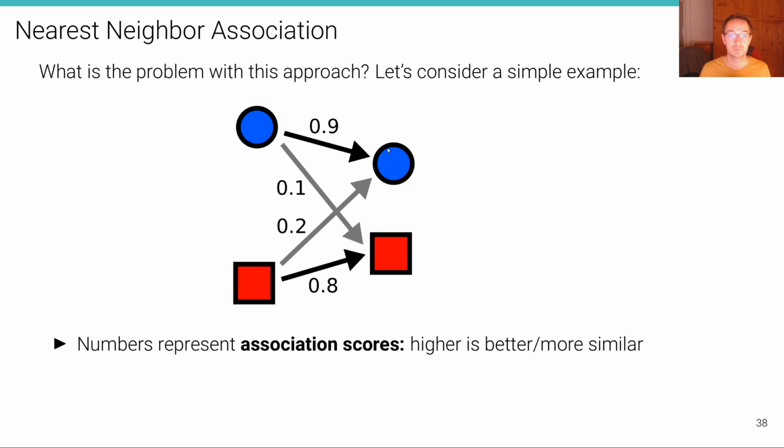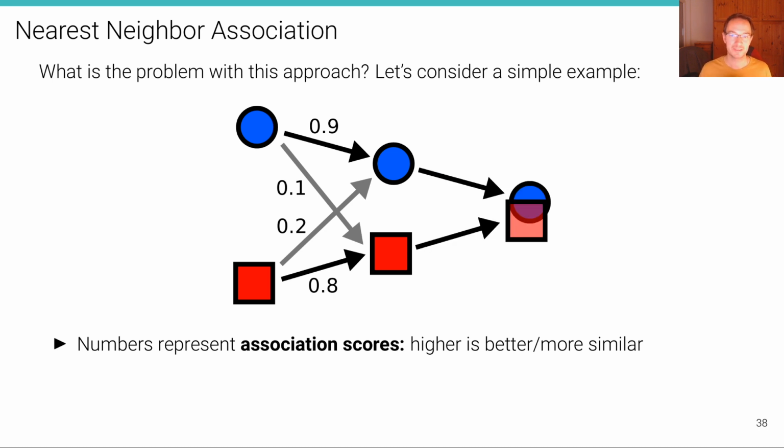For example, in terms of distance or following the motion model, these two are more likely to be associated than these two, because this one is further apart from the prediction of this object track than this one. So in this particular case, it's clear that these two should be associated and these two should be associated. That's something that nearest neighbor association would do for us.